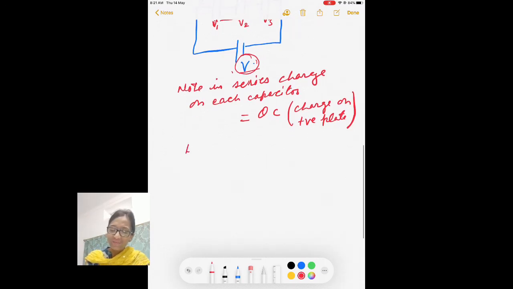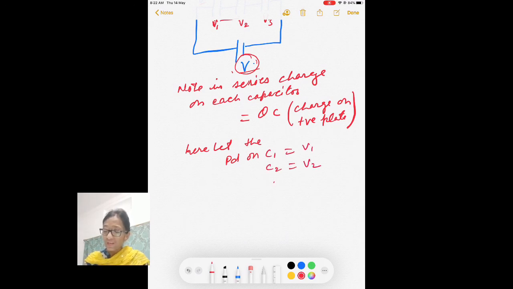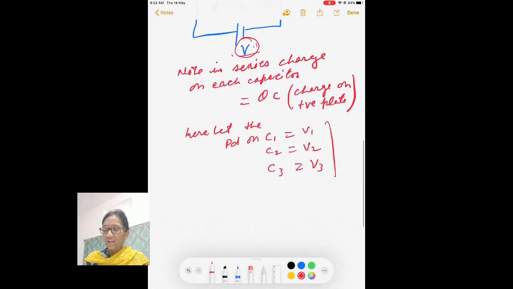Here let the potential difference on C1 be V1, on C2 be V2, and on C3 be V3. Then this is the total work done, and energy is the capacity to do work.